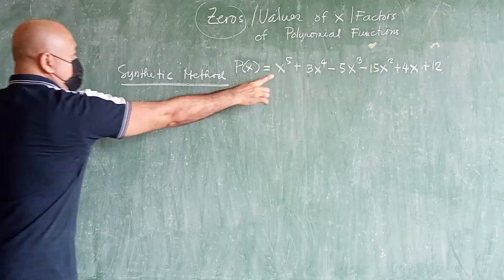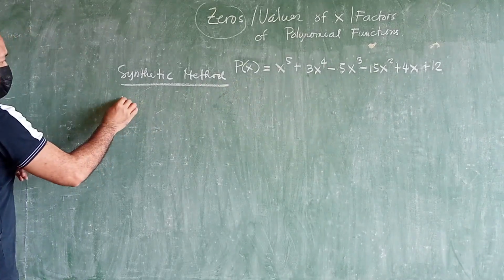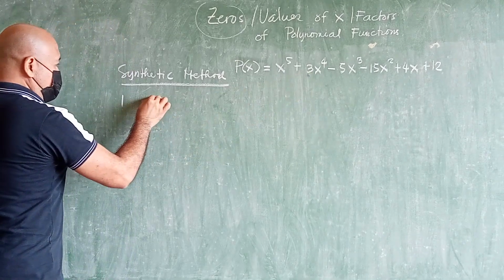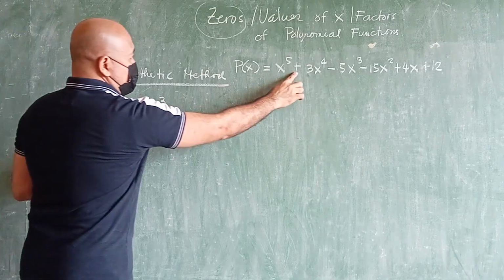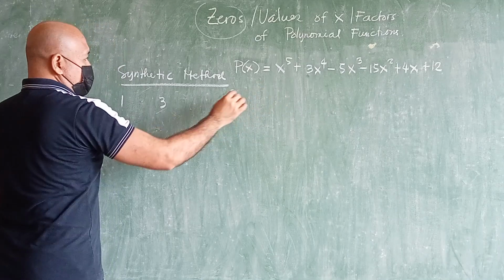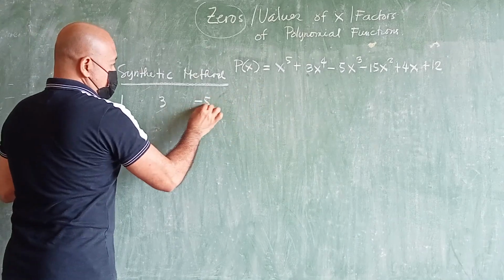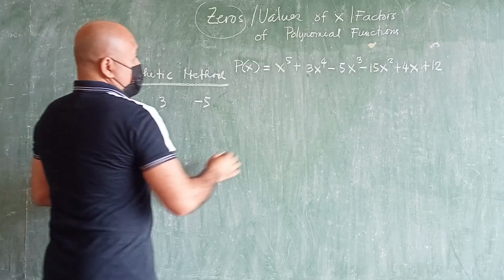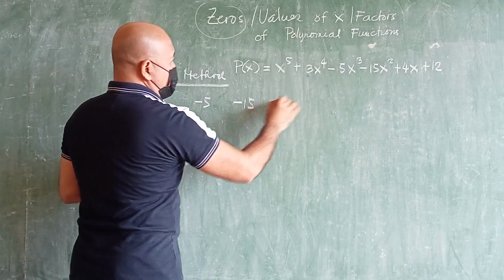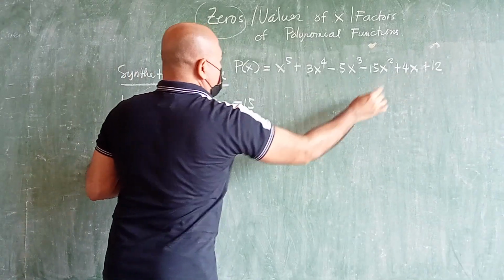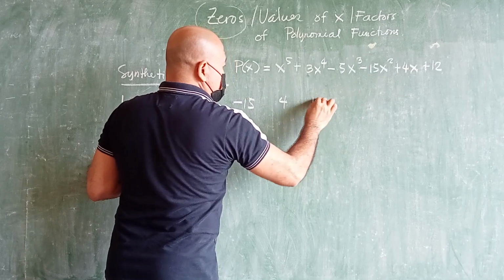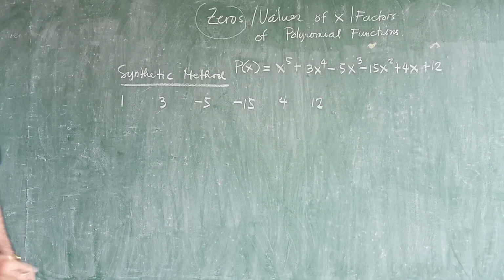For the first term, the numerical coefficient is positive 1. For the second term, we have positive 3. The third term, the coefficient is negative 5. For the fourth term, we have negative 15. And the fifth term, we have positive 4. And the constant part is positive 12.